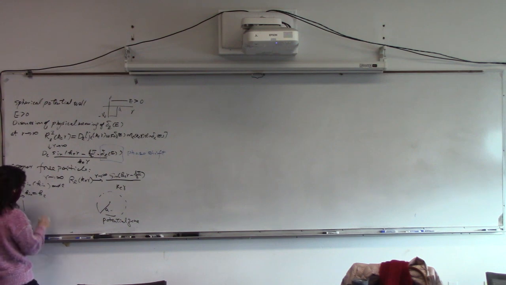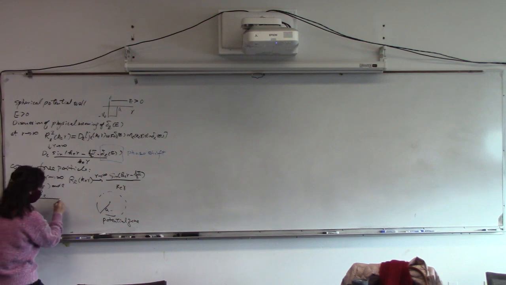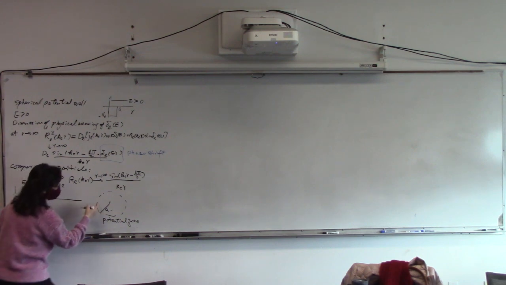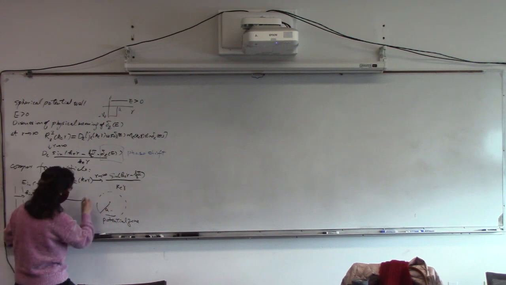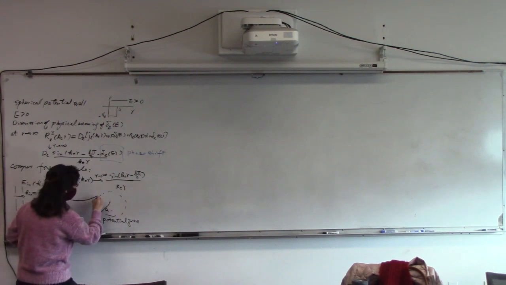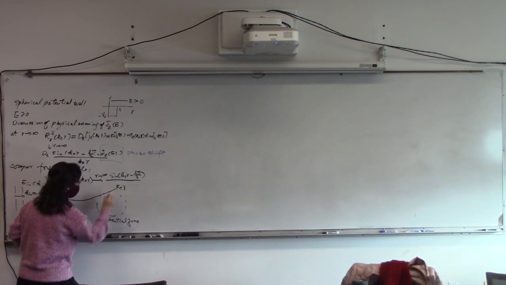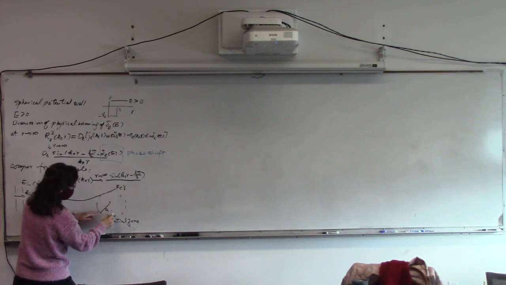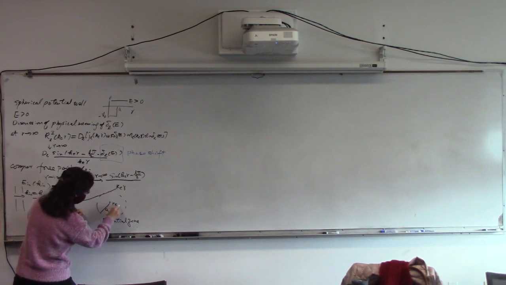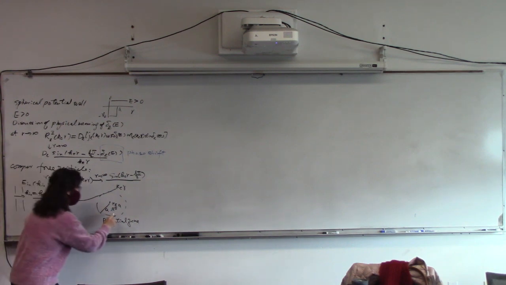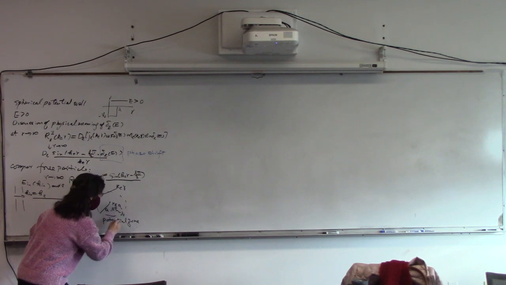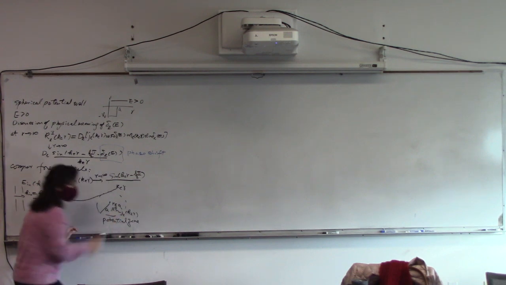The particle comes in and is scattered by this potential, going off in this direction. In the region r smaller than a, the solution is the spherical Bessel function, something like this, with k_i r.